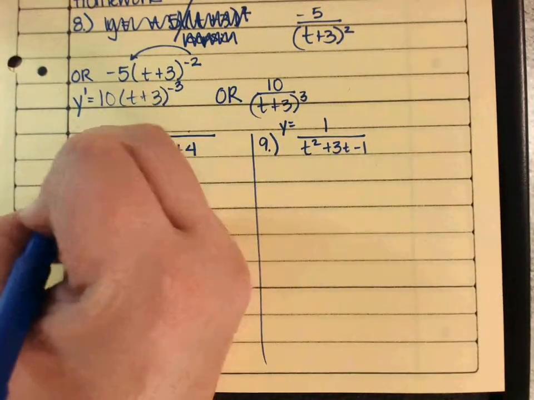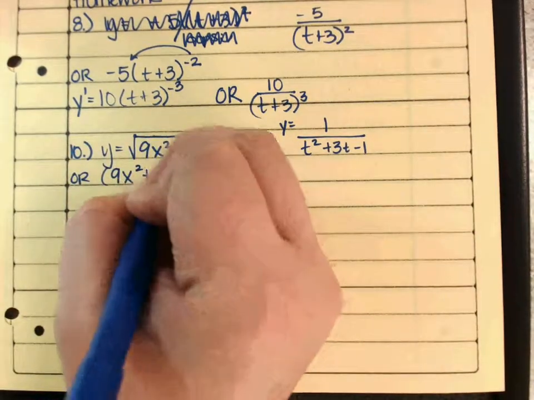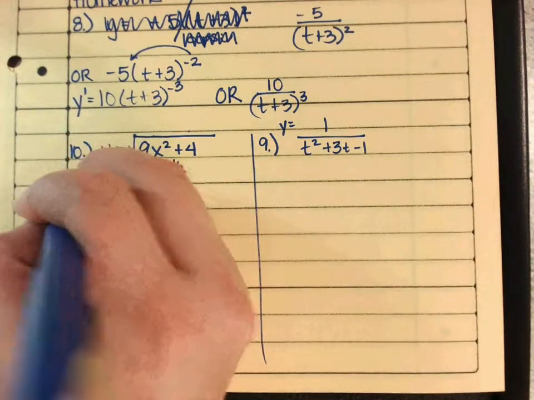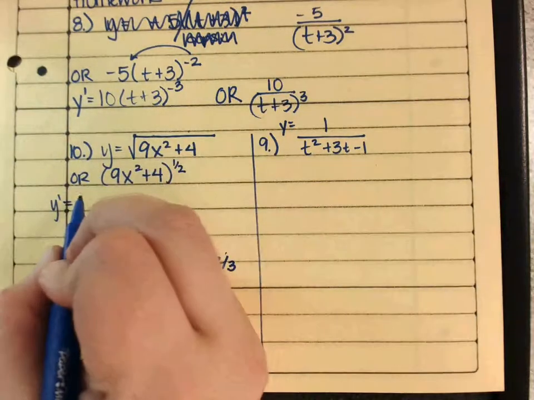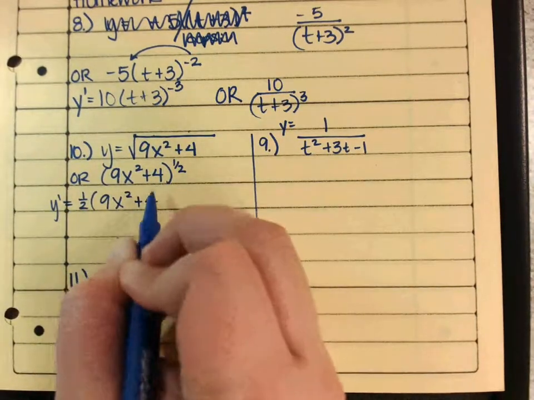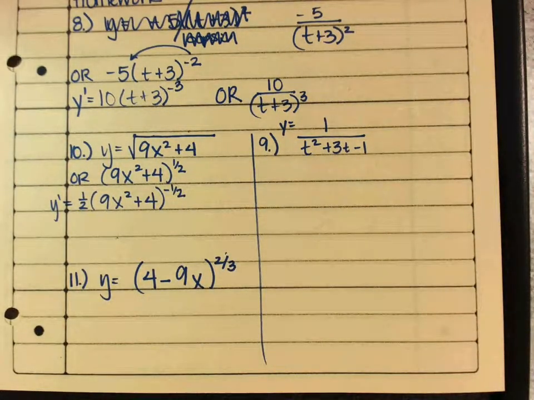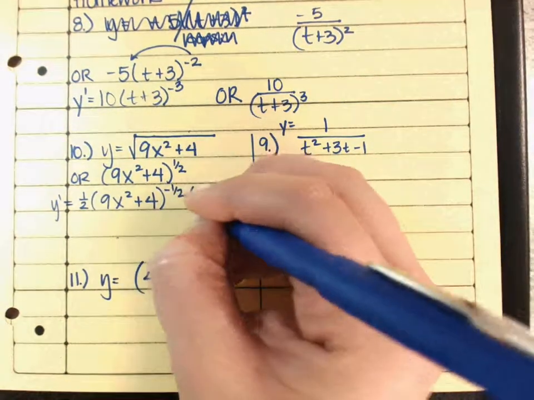Okay, let's look at number 10. Rewritten correctly, it should have been 9x squared plus 4 to the what power? 1/2. Y prime equals. Okay, put that on your paper if it's not there. My 1/2 comes down. What's the new power? Negative 1/2, right? Because I had a half, I take away 1. That's now a minus a half. And then what's the derivative of the middle? 18x.